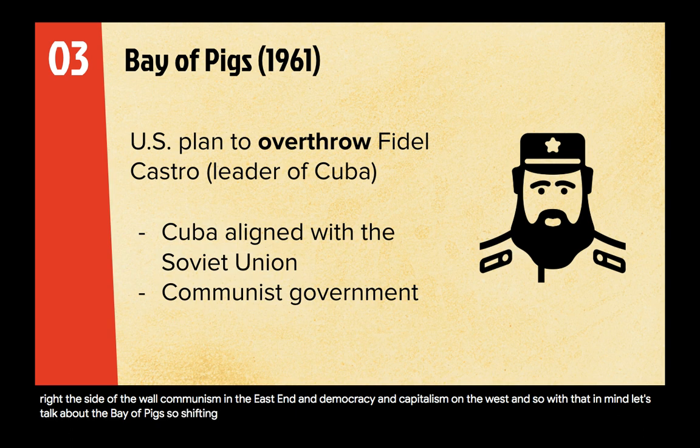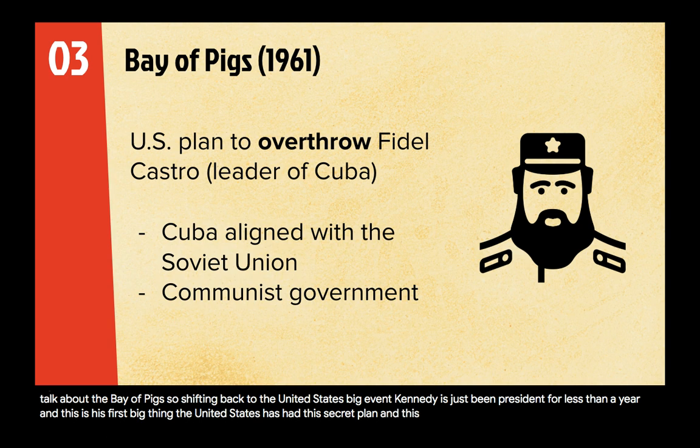So shifting back to the United States, big event. Kennedy has just been president for less than a year, and this is his first big thing. The United States has had this secret plan, and this was before Kennedy was president. This was under President Eisenhower.